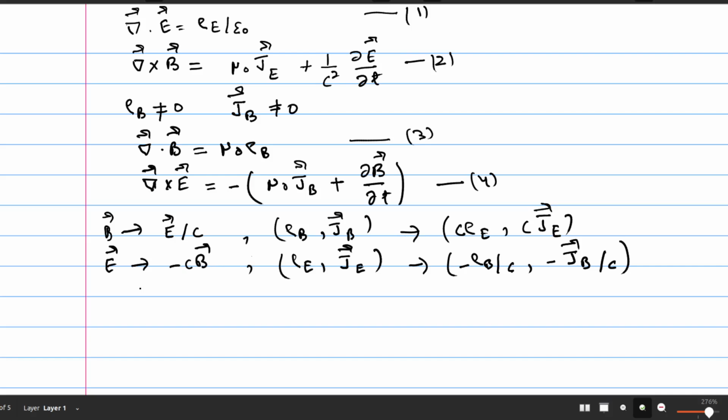For example, consider the first equation, divergence of E equals rho E by epsilon naught.